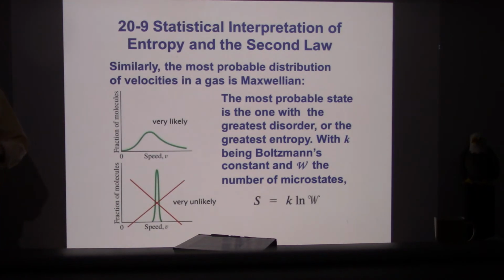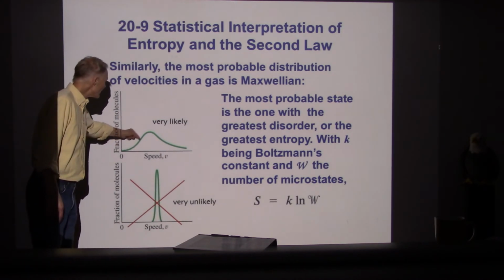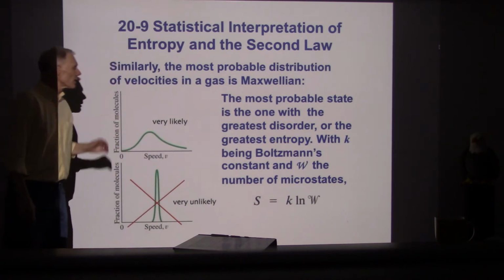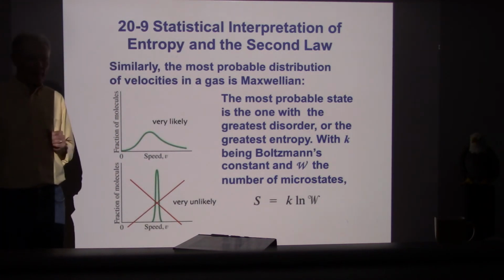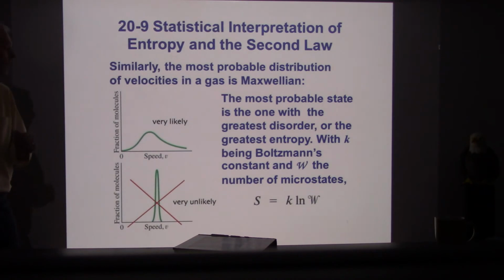It's very unlikely statistically that the energy would get divided up uniformly where every molecule has the same energy and they're all traveling at the same speed. Instead, statistically we can show that this distribution is the highest entropy. It's the most likely.